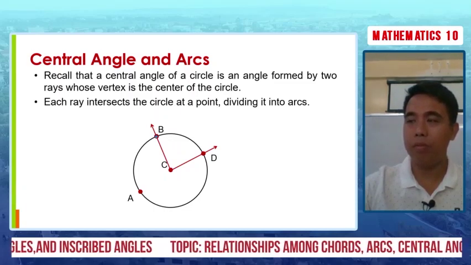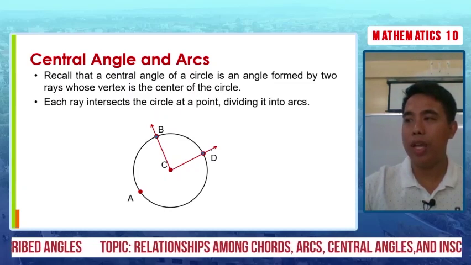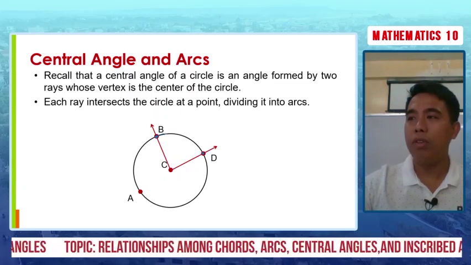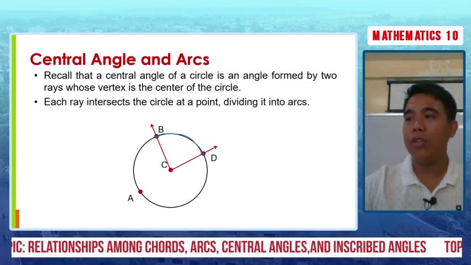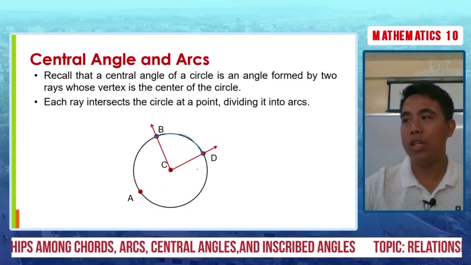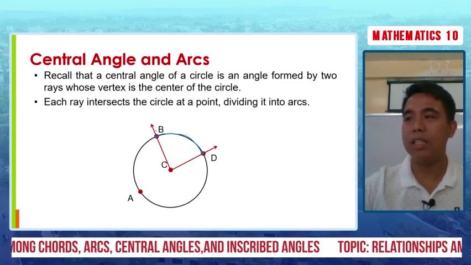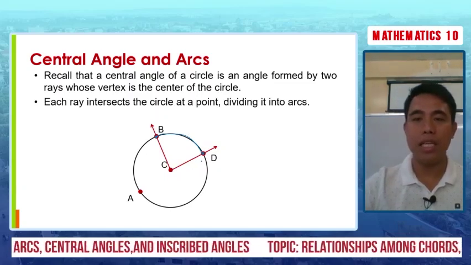So eto yung point of intersection ng circle at yung ray. Now, etong arc na to ay dinidivide niya ngayon yung circle into 2 arcs, etong minor arc and then yung major arc. And this minor arc is the intercepted arc of the central angle BCD.